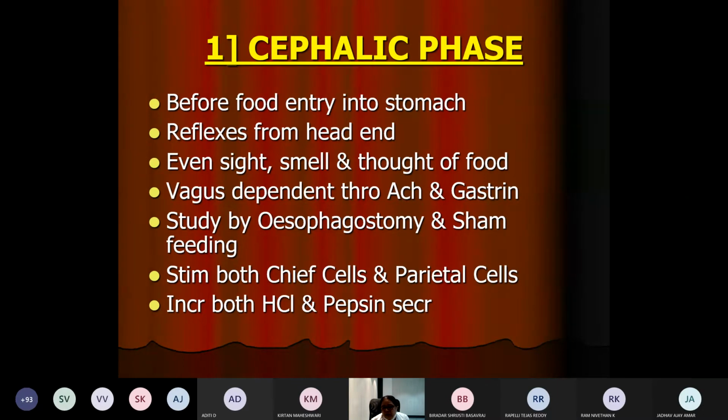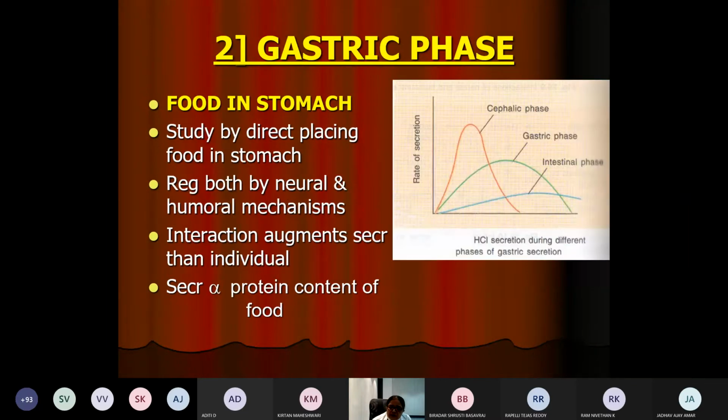Stimulation of both chief cells and parietal cells increases both HCl and pepsin secretion. Gastric phase: food in stomach. Studied by directly placing food in the stomach, regulated by both neural and humoral mechanisms. Interaction augments secretion more than individual ones.